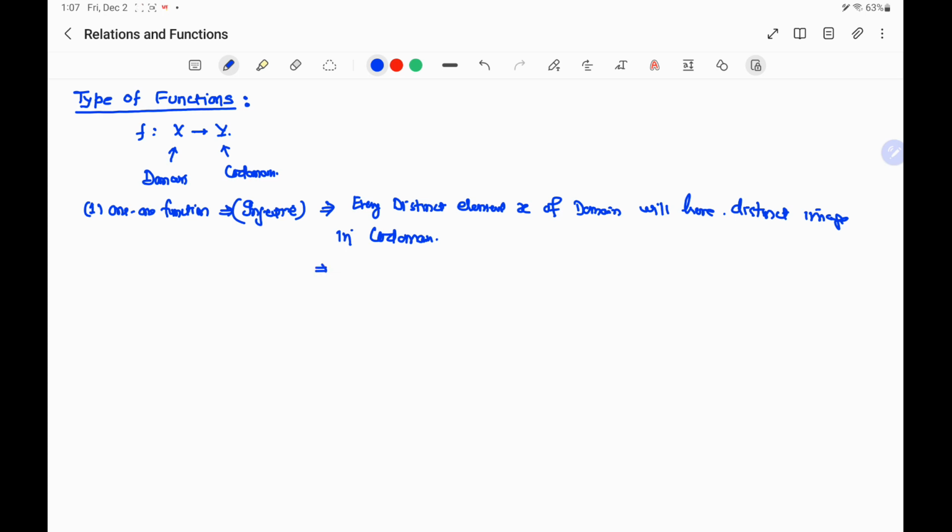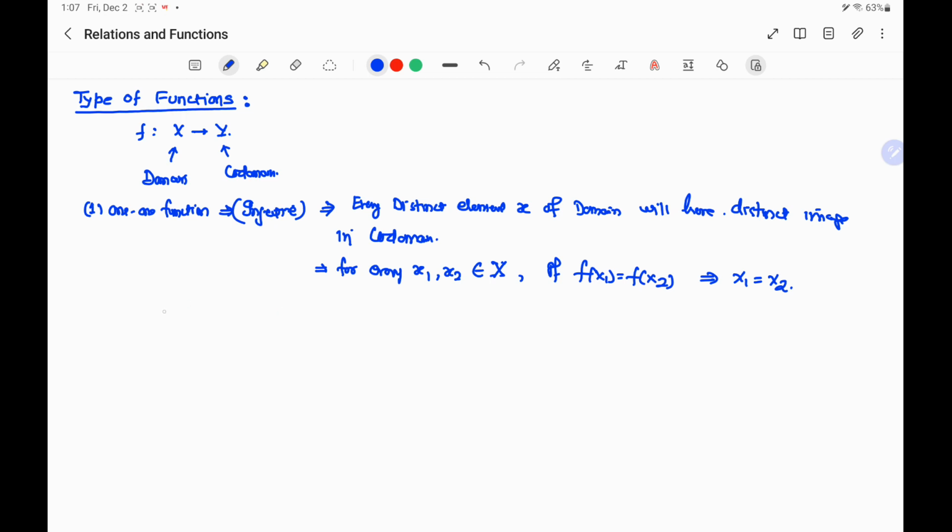Mathematically we can write that for every x1 and x2 belonging to the domain x, if f(x1) is equal to f(x2), that means images are the same, this implies that the elements will also be the same, that is x1 equals x2.